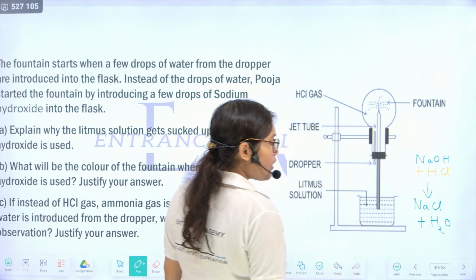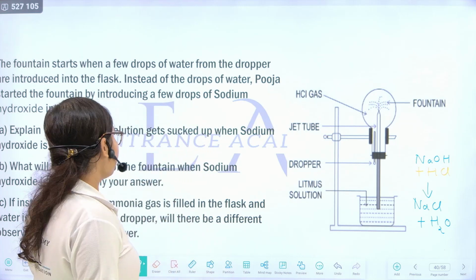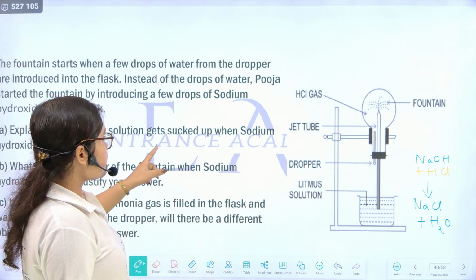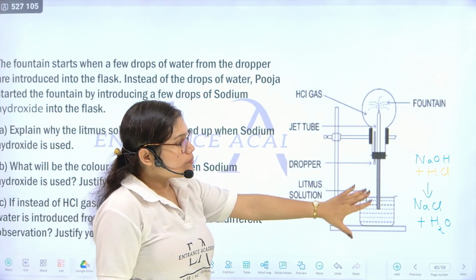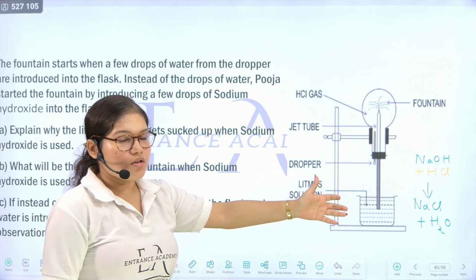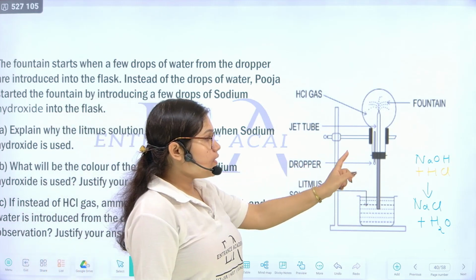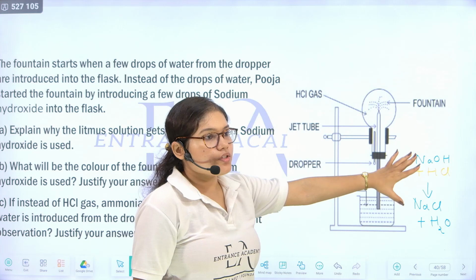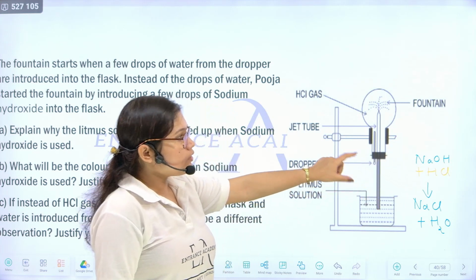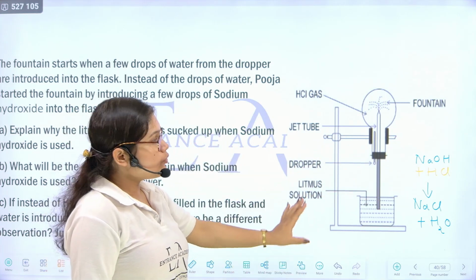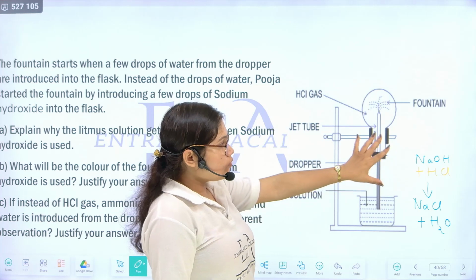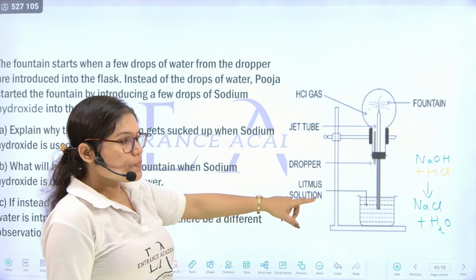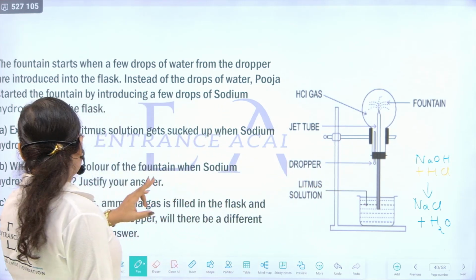The products are salt and water. Why does the litmus solution get sucked up? Just because sodium hydroxide is a base. After using sodium hydroxide instead of water, the neutralization reaction happens, and the products are salt and water, neutralized each other. So there is a difference just because of the neutralization reaction.